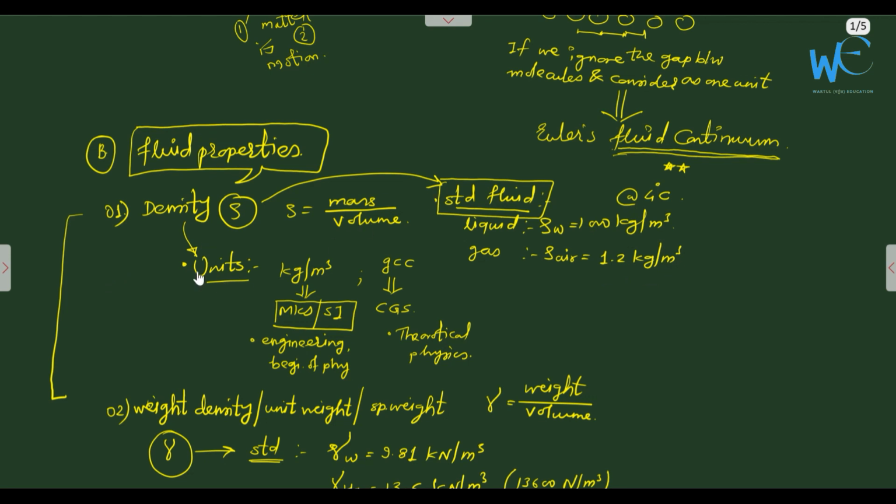After the standard fluid, we will look into units. The unit of density is kg per meter cube, and gram per cc is the CGS unit. Kg per meter cube is our MKS, or you can call it the SI unit.